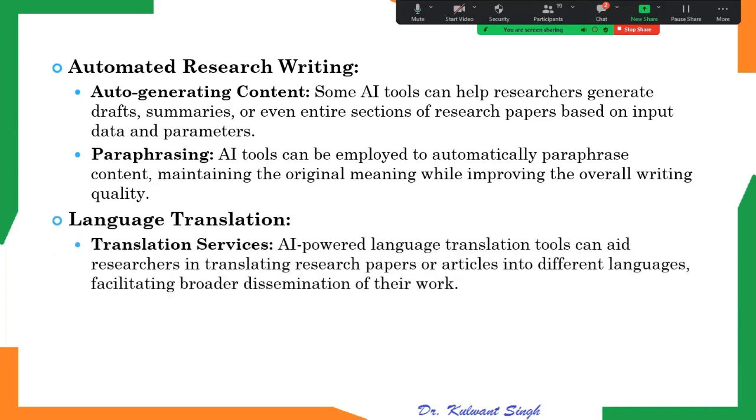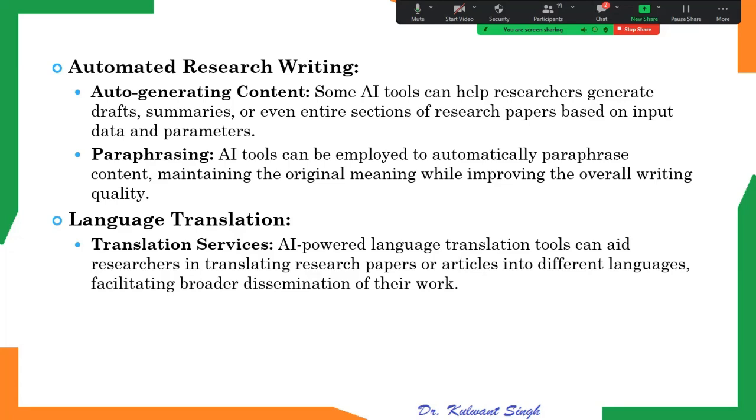Then the language translation. Sometimes in many areas, the local language, or the language preferred for writing articles, may be different, or it may not be a language that is preferred worldwide. These tools efficiently translate the language of the complete article.